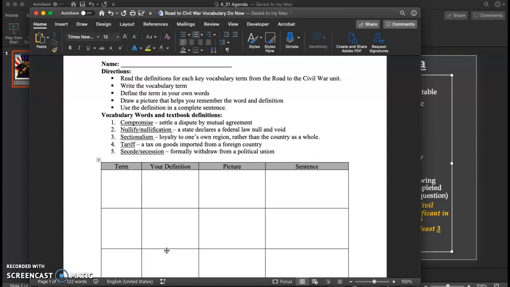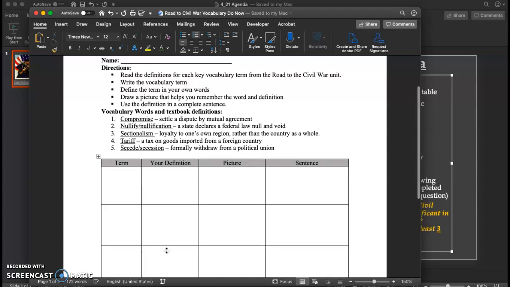Tariff is a tax on imported goods from a foreign country. An import is something coming from a foreign country and is being taxed, which is going to make it more expensive here in America. Your last vocabulary term is secede or secession, and that means to formally withdraw from a political union. So basically a state is leaving the federal government.